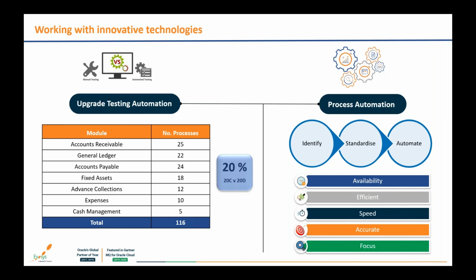By running these processes alone, the Centre of Excellence team reported back a 20% saving on testing time as a result of using RPA between 20C and 20D. Now, this is an extremely conservative figure from my colleagues in the Centre of Excellence, and it does form a base minimum that you can achieve.